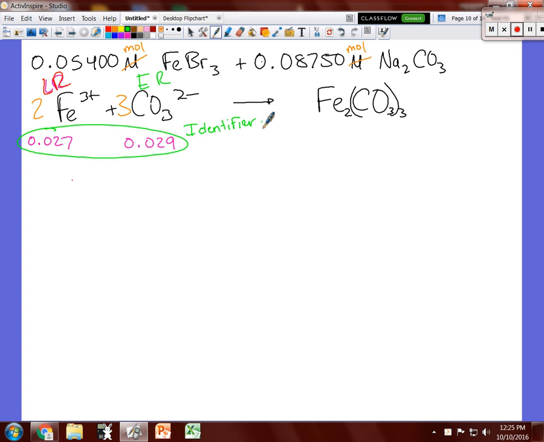Then these purple numbers are the number of moles divided by the coefficients. Okay, so that's our identifiers. Does that help you, Nicole? Okay, so these numbers really don't mean anything other than helping us identify what our LR and our ER is. Yes, ma'am? It's not going to change anything. It's the same thing.